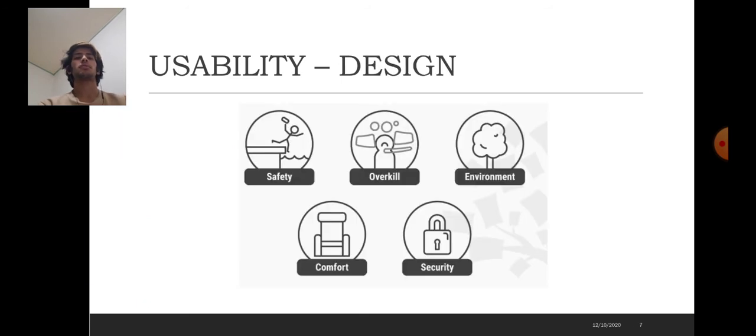And now talking about the design considerations. AR design primarily focuses on the following things: safety, overkill, environment, comfort, and security. Safety means that the user's real world context should not distract and mislead them into danger. And overkill means not overloading the senses with meaningless data, like keeping experiences contextualized.